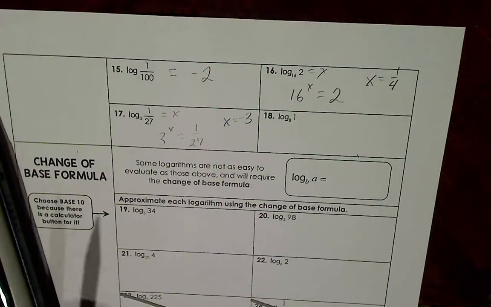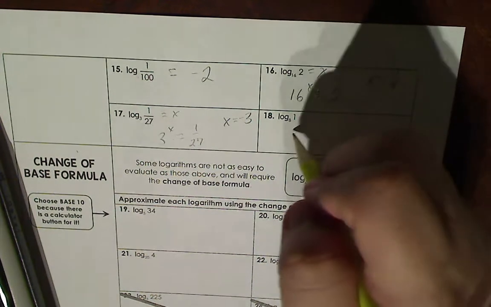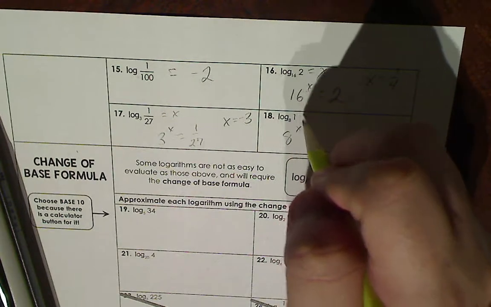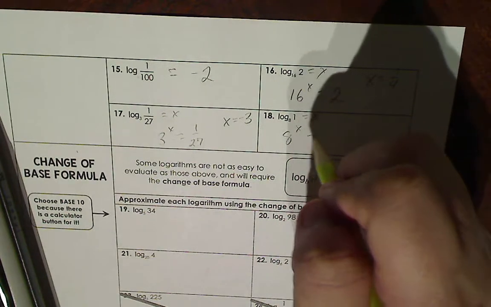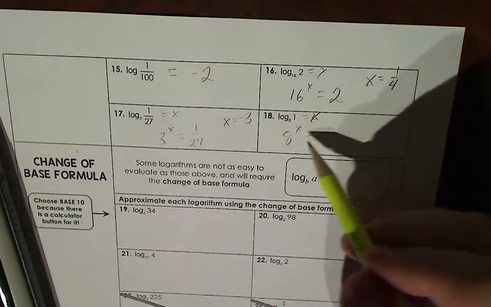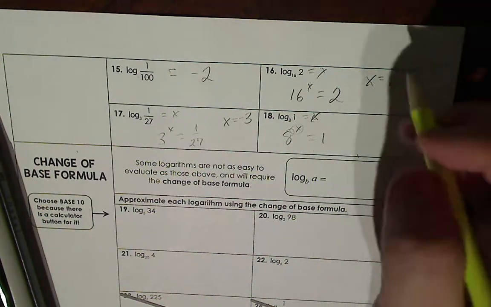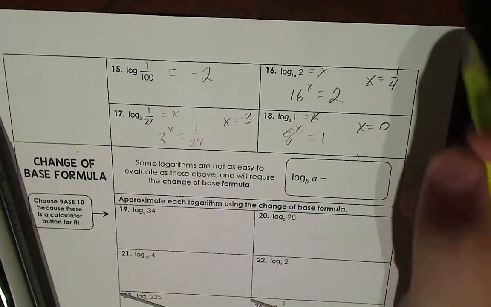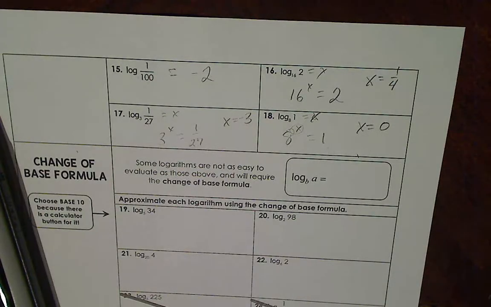So 3 to the -3rd power is 1 over 27. 8 to what power is equal to 1? If you know your exponent rules, x has to be equal to 0, because anything to the 0 power is equal to 1.